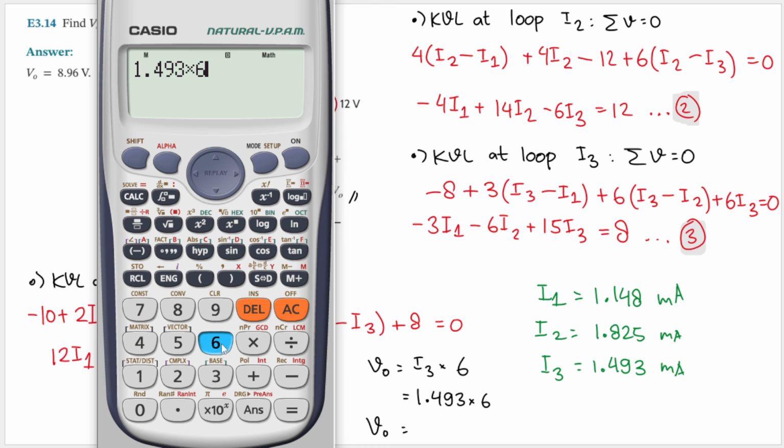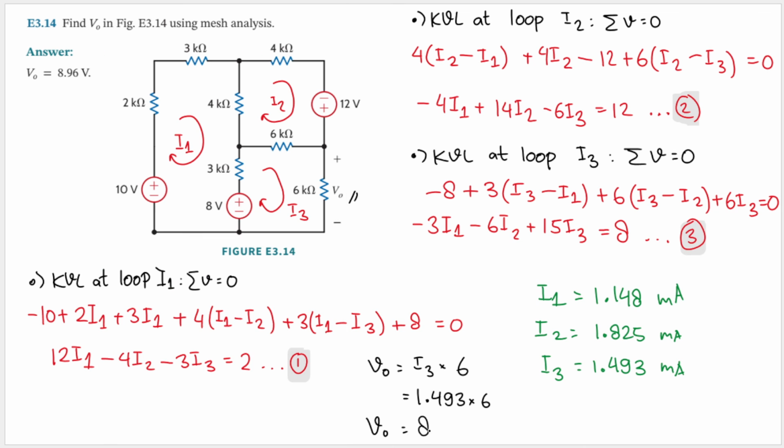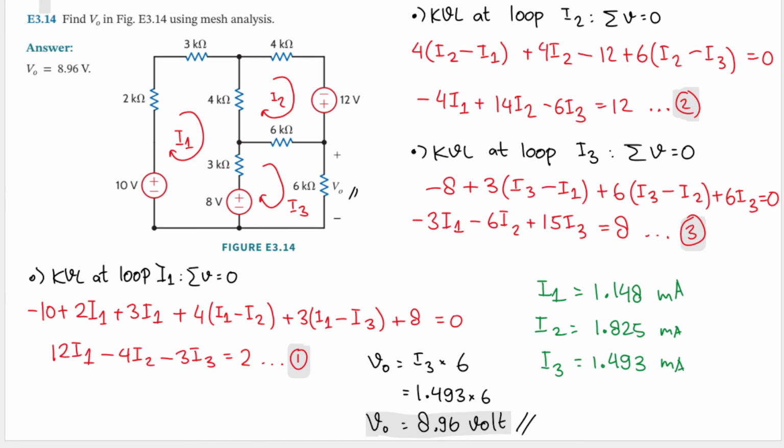So V0 is 8.96 volt. And this is our final answer for this question. And I think that is correct because that is exactly the answer given by the book.